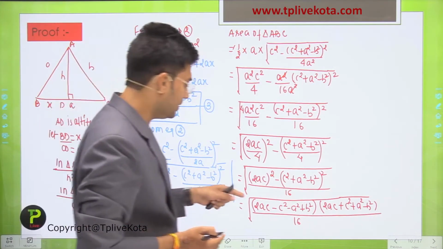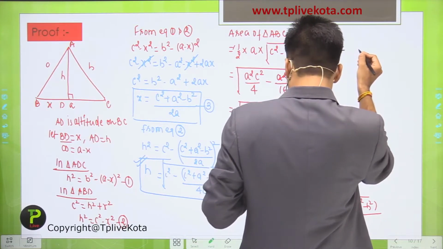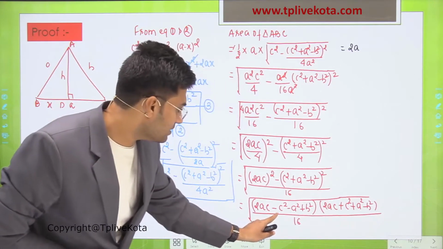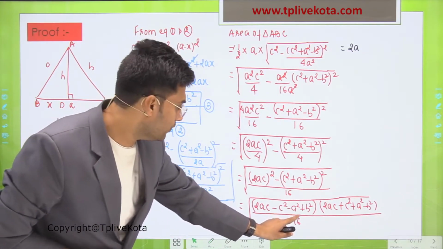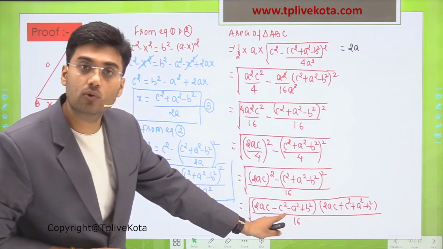Now students, when we solve this, what will we get? It is equal to 2ac minus c square minus a square. So we can write it as b square minus (a minus c) whole square.